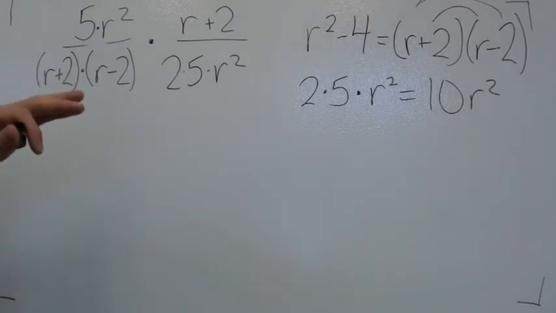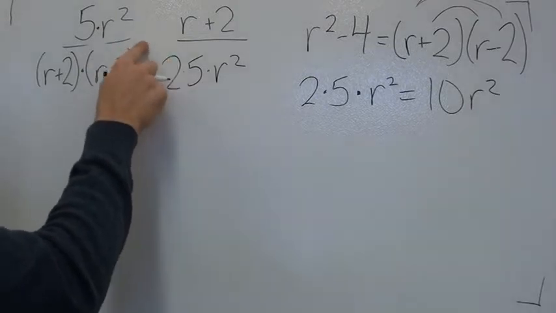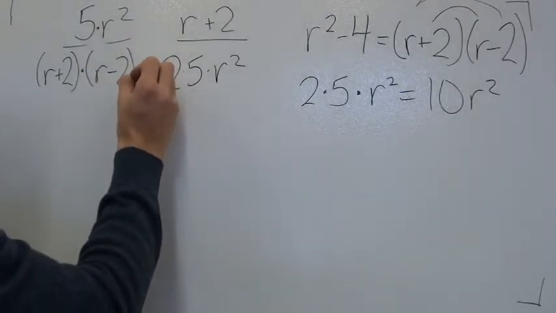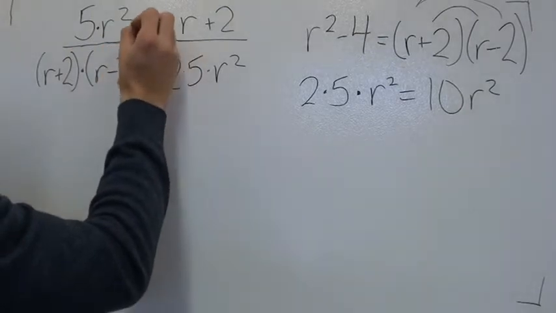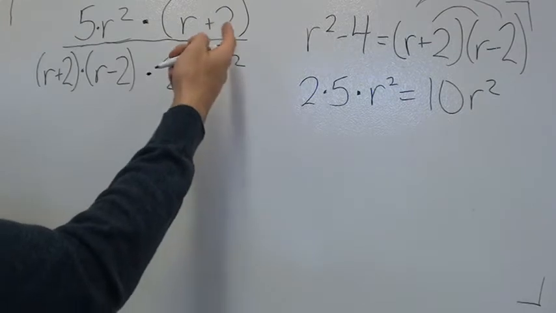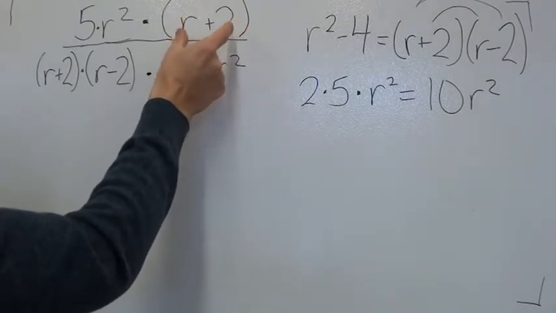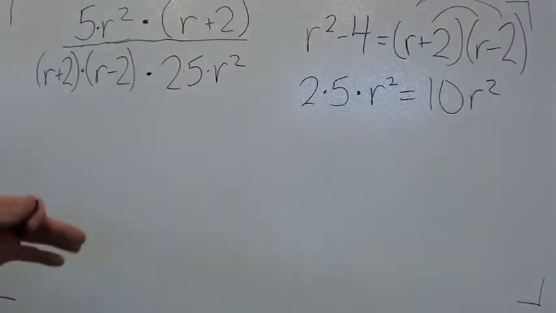Now I'm going to combine them into one fraction because I like it better that way. That one's an addition, so I'm going to put it in parentheses so I know those two terms were already together, because addition and multiplication can't be switched around.